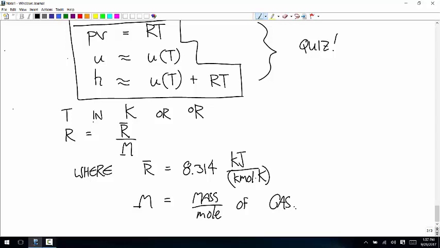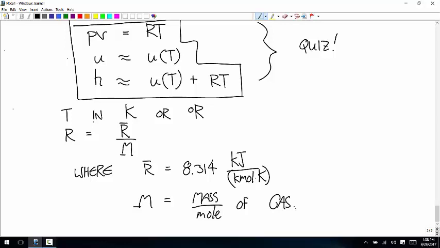So, like, hydrogen gas is H2. Every mole of hydrogen gas has a mass of 2 grams. Oxygen forms O2 molecules, and so the mass of each oxygen atom is 8.